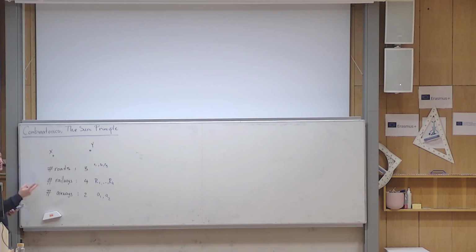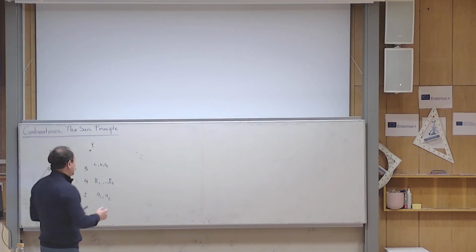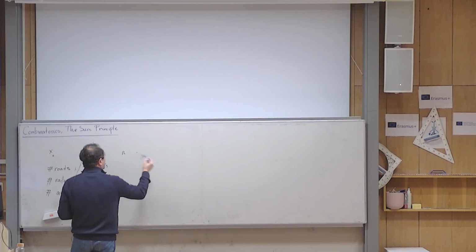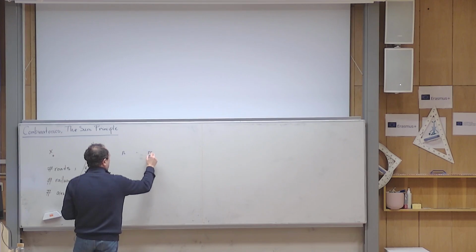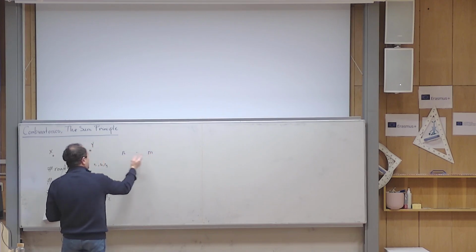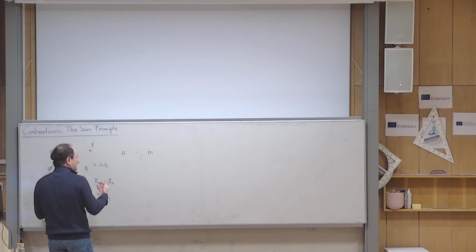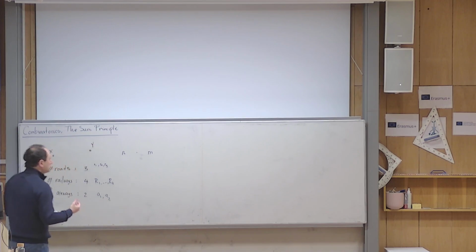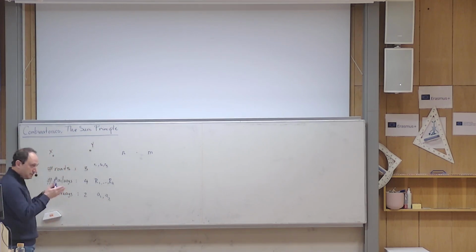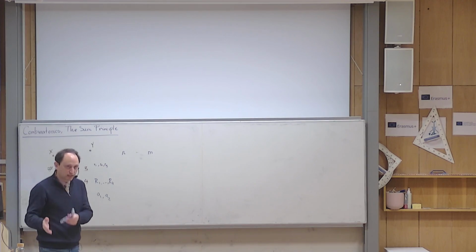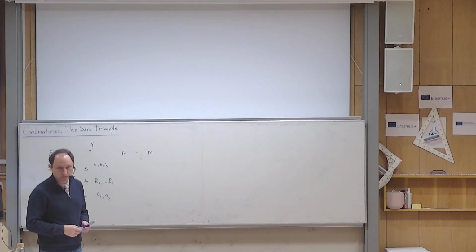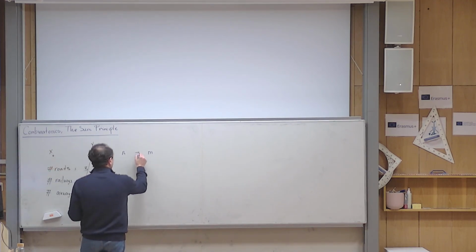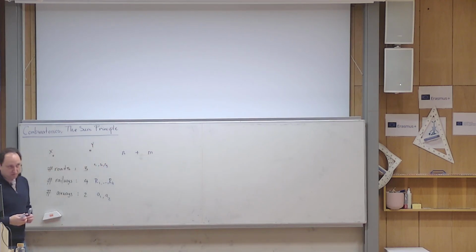So if I have 2 tasks, let us say task 1 can be done in n ways and the other task can be done in m ways, but these 2 tasks cannot be done simultaneously, then the total number of ways that I can do either task 1 or task 2 is n plus m. That's the formal way of stating the sum principle.